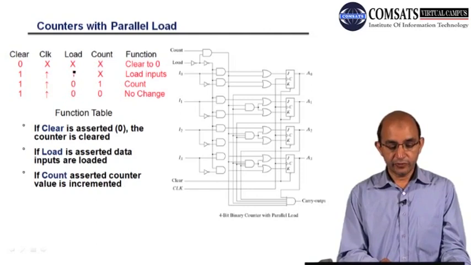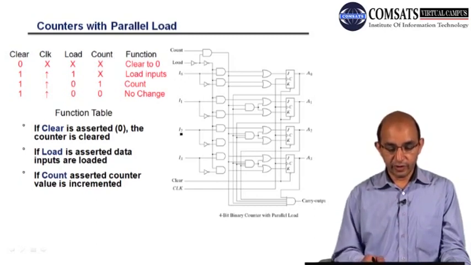And here you can see we have load, and whatever the value of the inputs is, we will be loading them. On the other side, if we have load 0 and count 1, we will be counting. Whenever we are loading, we will be loading the data, and these are the values which we will be loading.